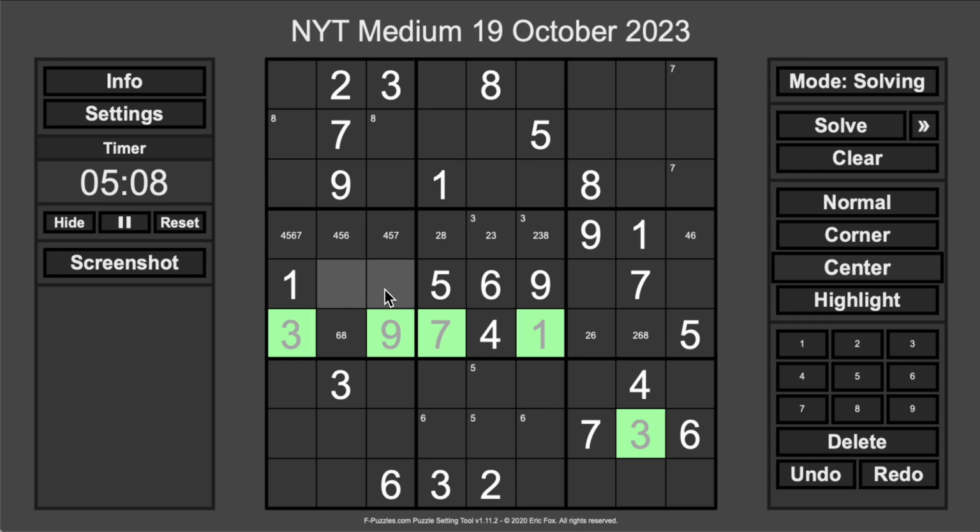I need 2, 3, 4, and 8. Either of these are 3, and that one is a 2. I put 3 into one of those two. 2, 3, 4, 8 goes there, of which that gets rid of 8, but that's all I get from that one.